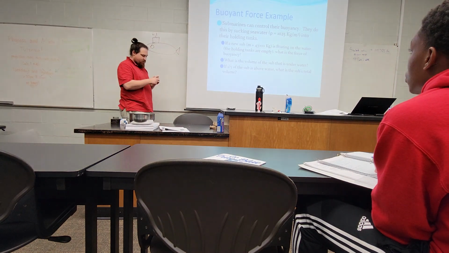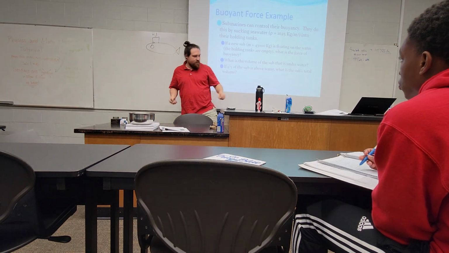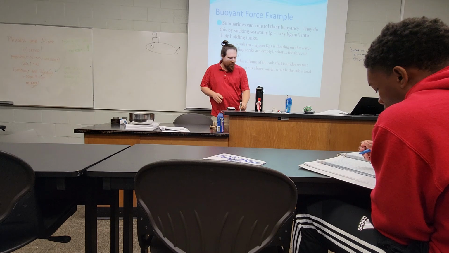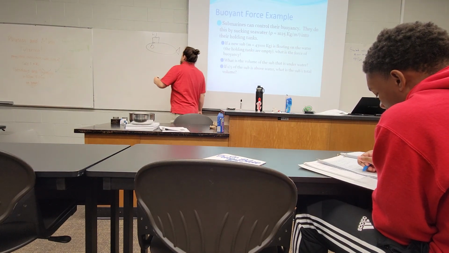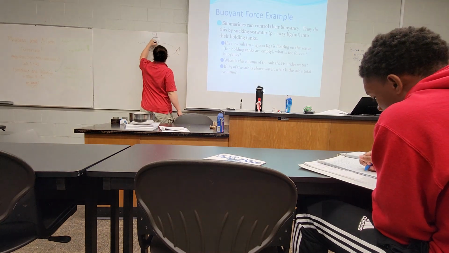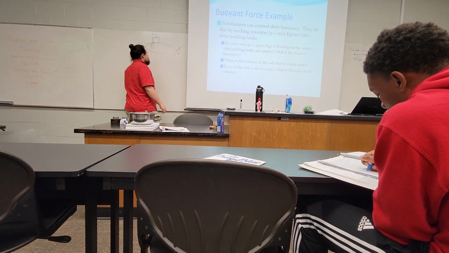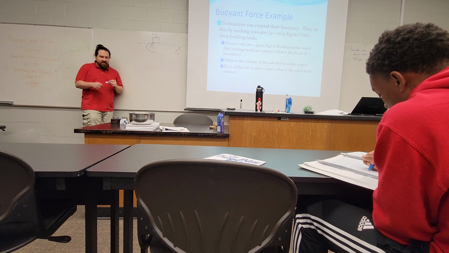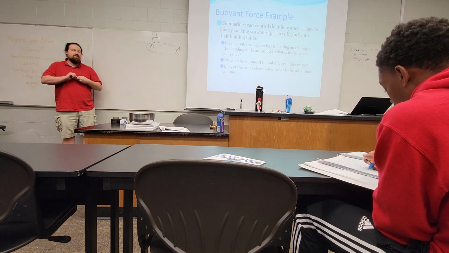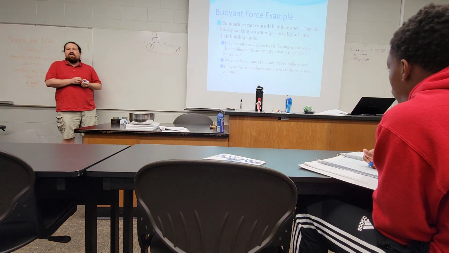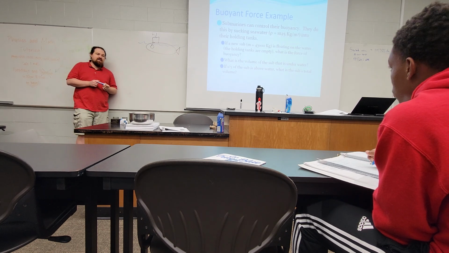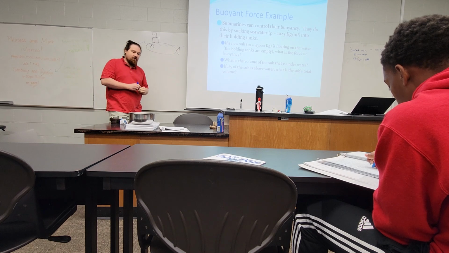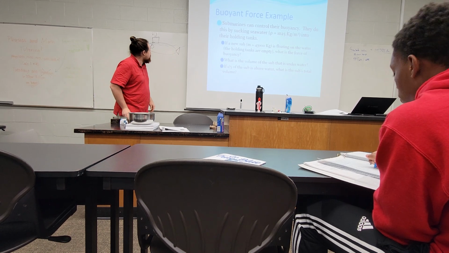So here we have a poorly drawn submarine. Most of it is underwater. Specifically, 4/5 of it is under the water. That'll become relevant later. And that's true of most boats, actually. An amount of them has to be under the water, whereas the rest of it is above the surface.